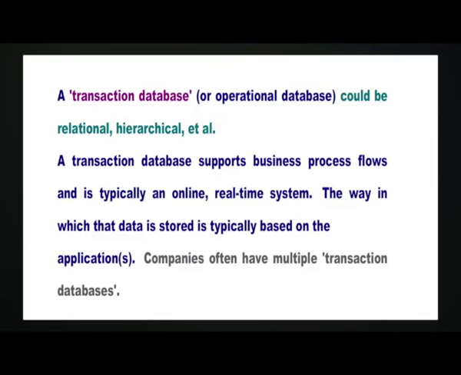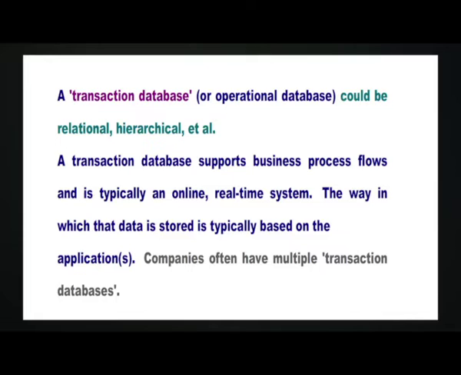A transactional database, also called an operational database, could be relational, hierarchical, or another type of operational database. A transaction database supports business process flows and is typically an online real-time system. The way in which the data is stored is typically based on the applications.